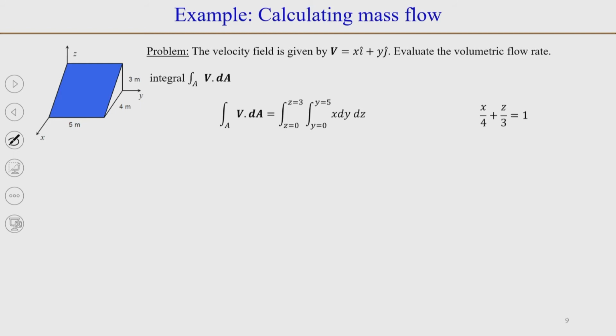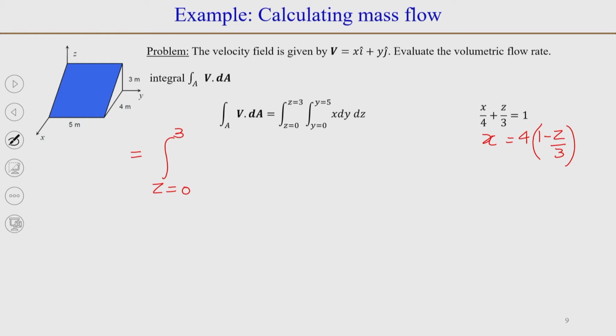We can write x by 4 is equal to 1 minus z by 3, and x is equal to 4 into 1 minus z by 3. So, we can substitute this here and we will get the integral from z equal to 0 to z equal to 3.